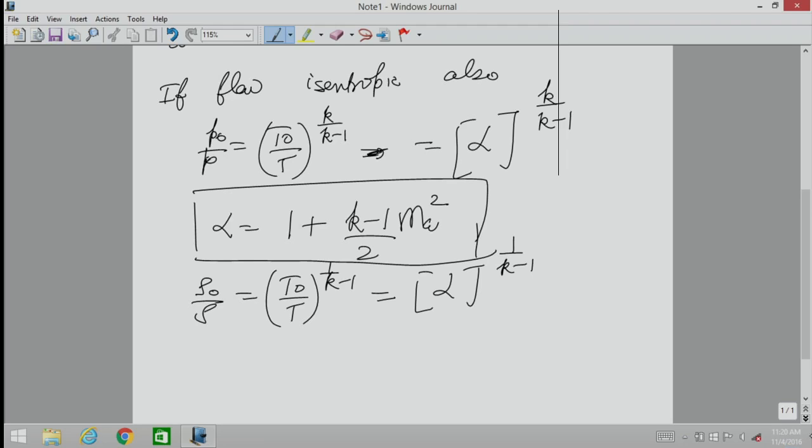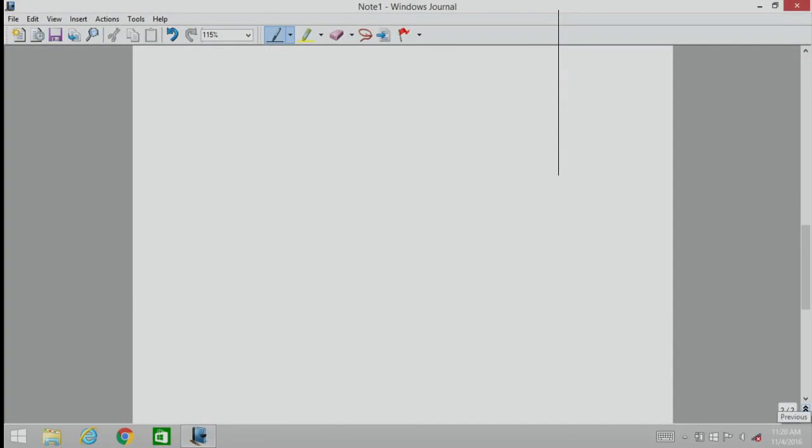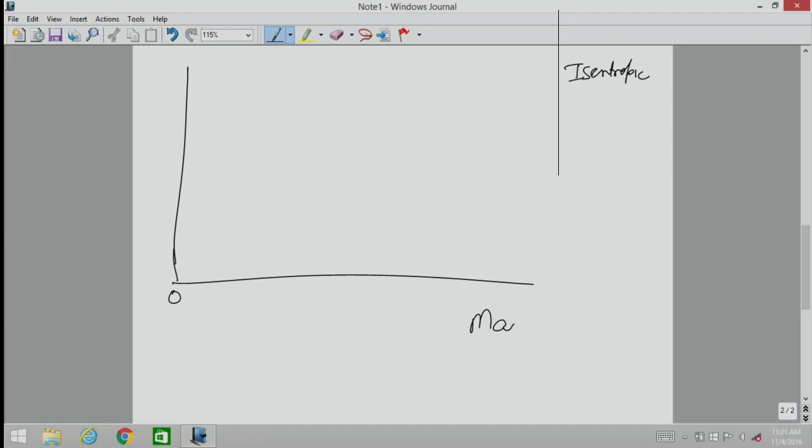So what one can see is, if I plot a graph where on the x-axis I will have the Mach number, and when Mach number is 0, what state does it represent? It represents when V is 0, so it will correspond to the stagnation state.